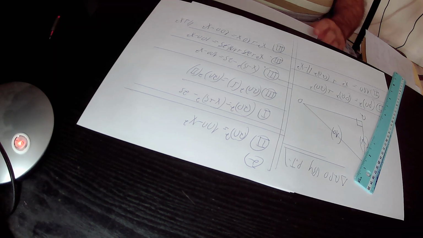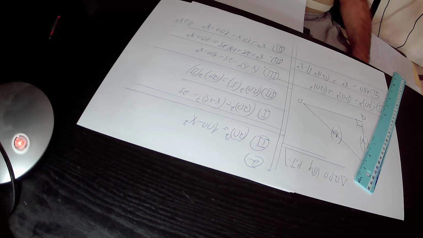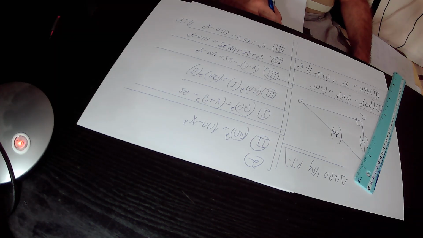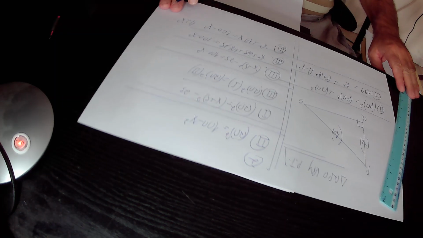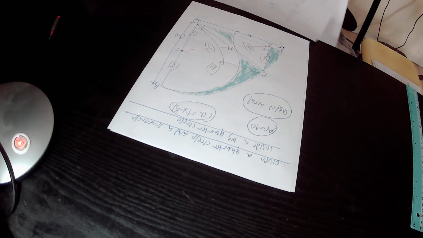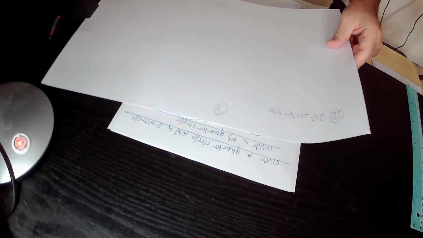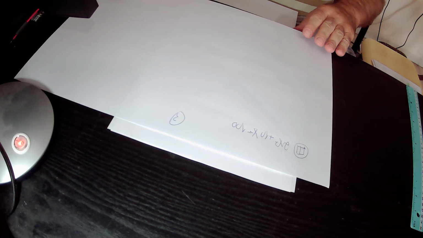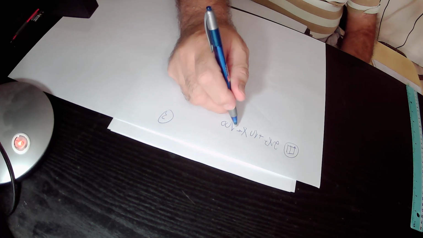According to equation 3, x squared plus x squared is 2x squared plus 10x equals 100.